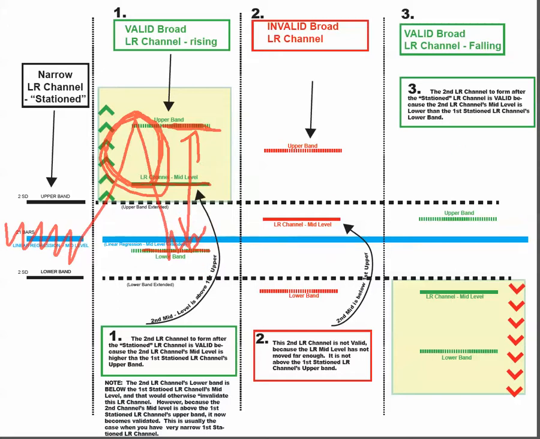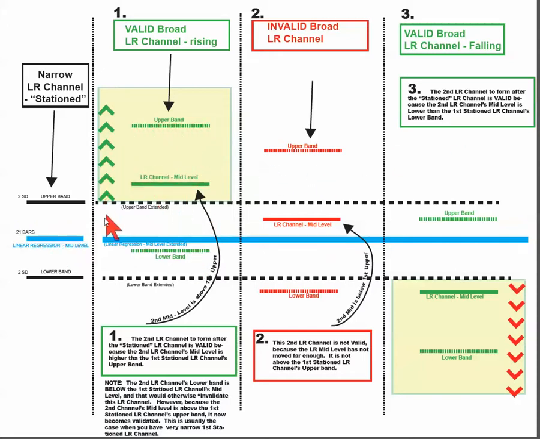Okay, that makes that clear. And when that happens, we're going to extend from a narrow channel like this to a wider channel. The criteria for that are very simple.